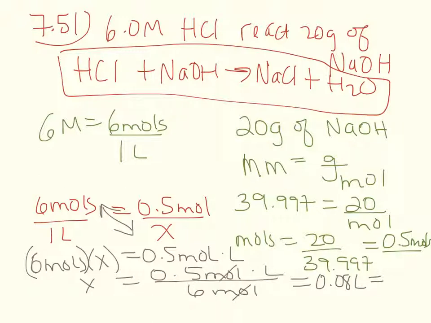So from our 6 molar hydrochloric acid solution, we need about 83.3 milliliters of that solution to react exactly with 20 grams of sodium hydroxide brought up into a liter with distilled water, in order for that 20 grams to completely dissociate and form sodium chloride, otherwise known as salt, and water.